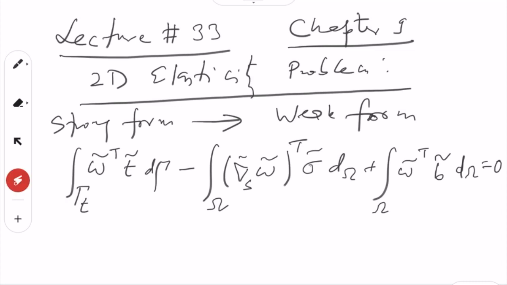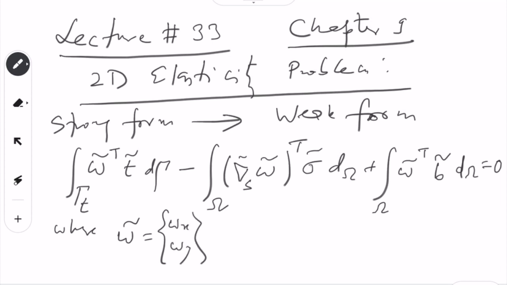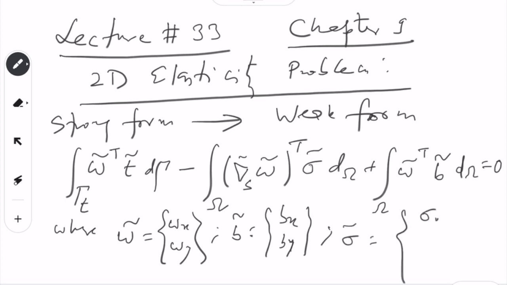So this is what the weak form is, where w is equal to wx and wy. b tilde means bx, by. Similarly, sigma tilde means sigma xx, sigma yy, and sigma xy.